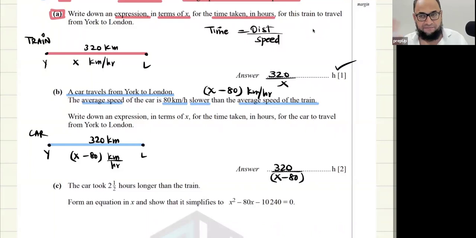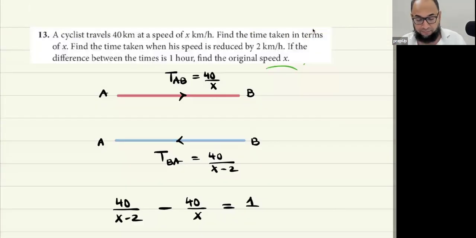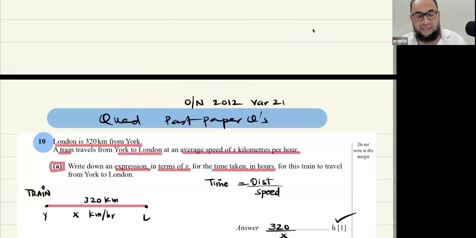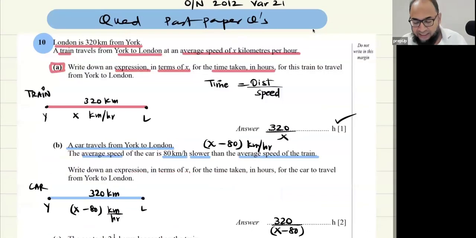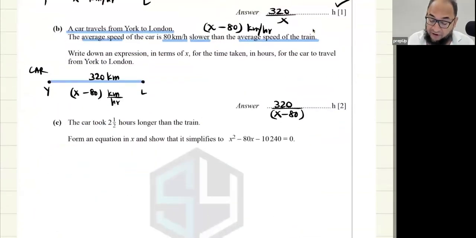Now this question is very, very similar to what we did over here. The distance was 40, speed was x minus 2. Over here, distance is 320, speed is x minus 80. Now it says the car took 2.5 hours longer than the train.